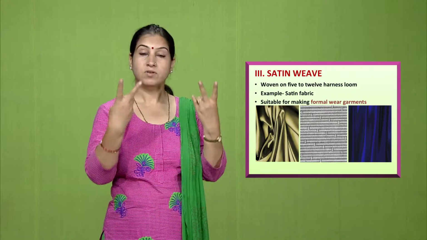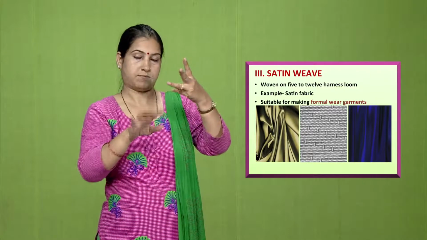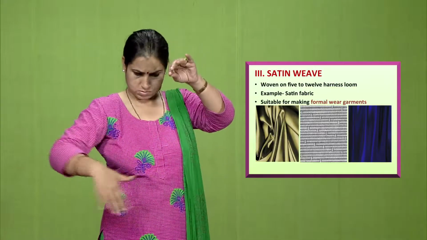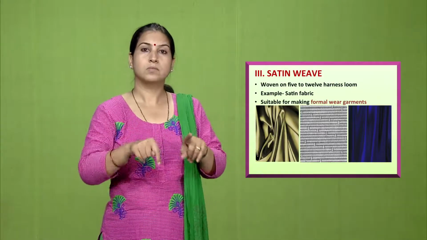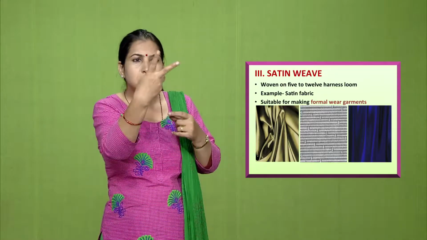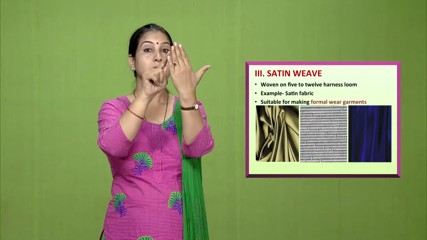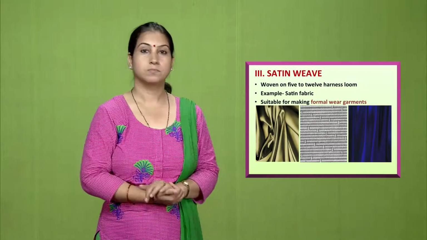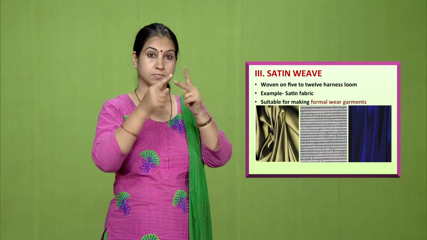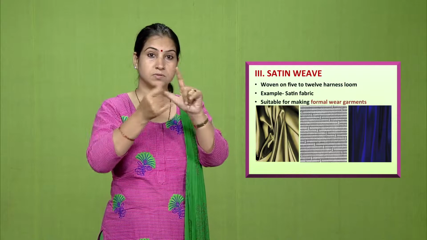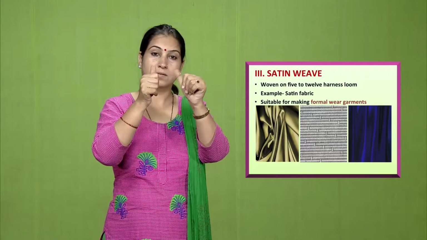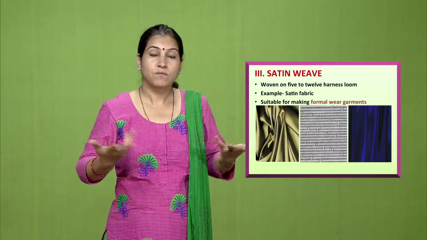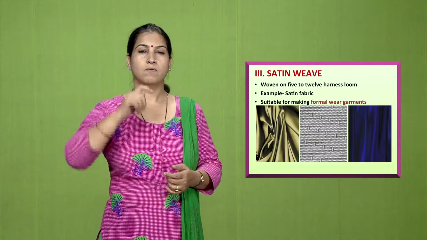It differs from twill weaves as it has long yarns floating on the surface. There is no design visible on the face of the fabric, but it has a smooth and shiny surface. Satin fabric is an example of satin weaves. Fabrics woven in this weave are suitable for making formal wear garments.